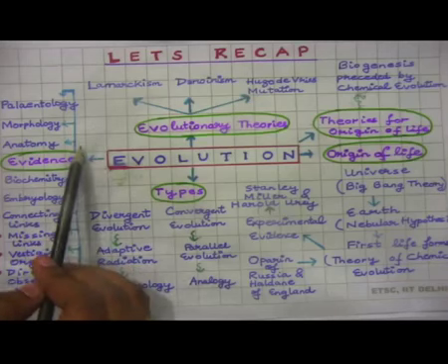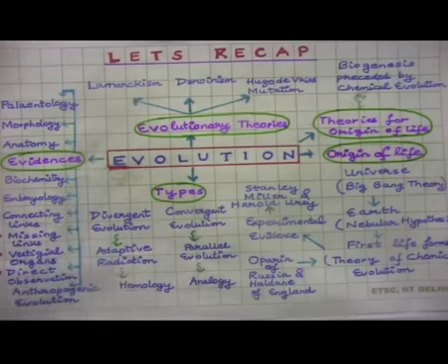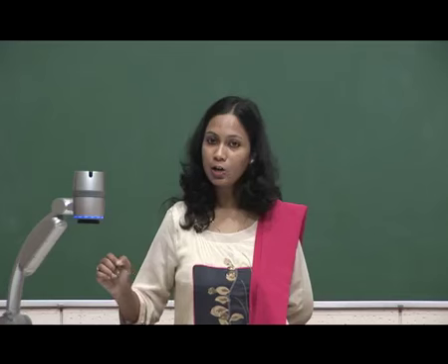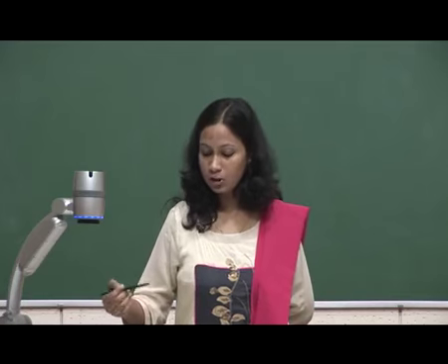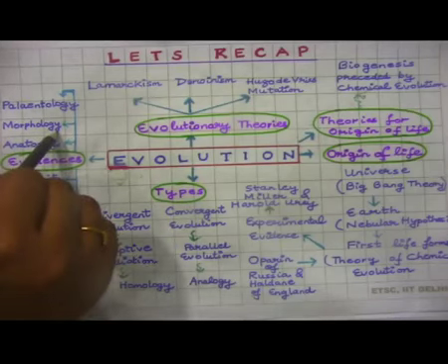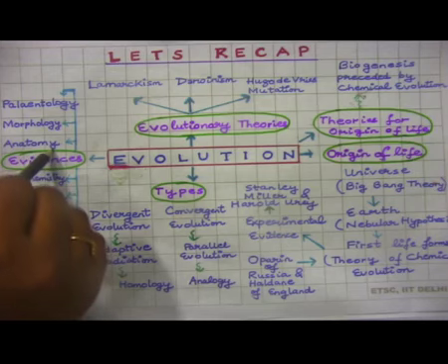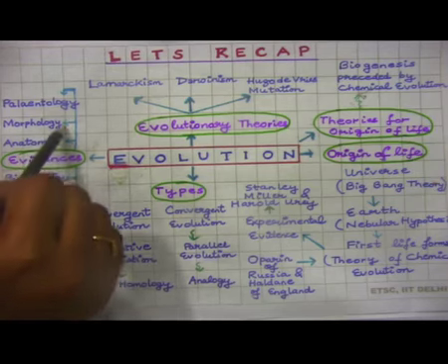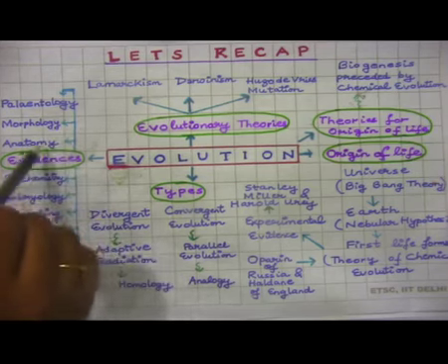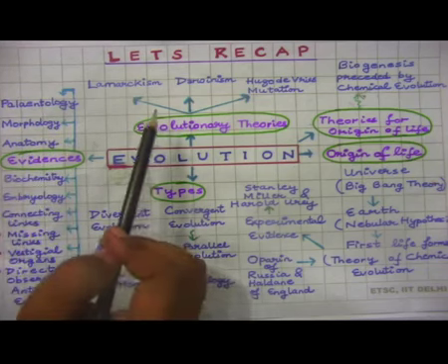On the other hand, analogous organs are those organs which may superficially appear similar because of the same kind of environmental condition, but their origin and pattern of arrangement are very different from each other. So, under morphology, which is the study of external features, and anatomy, which is the study of the internal structure of an organism, we can find evidences of evolution through the study of homologous and analogous organs.